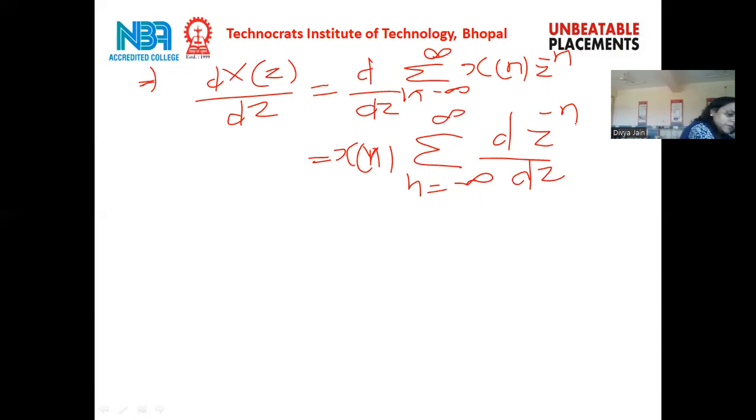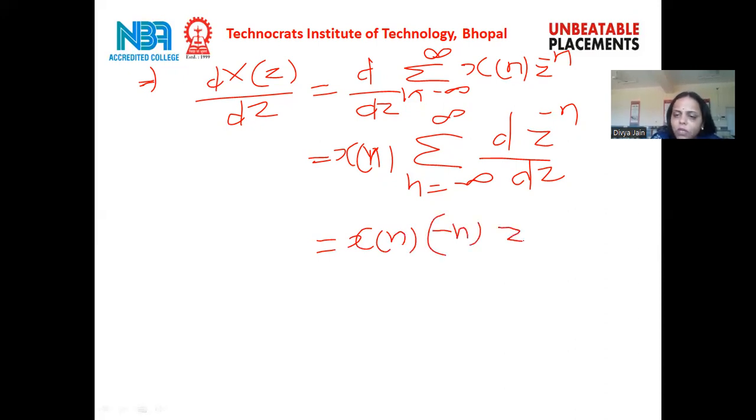Z to the power minus n. So if we take the differentiation, we will get x[n] times minus n z to the power minus n minus 1, summation n equals minus infinity to infinity.